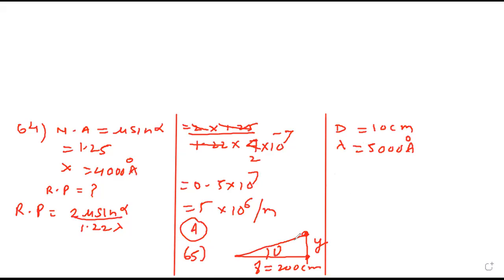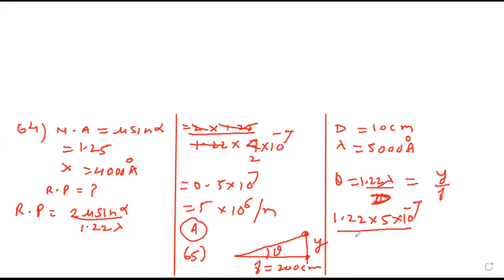So we can say theta equals 1.22 lambda upon d equals y upon f. So 1.22 lambda, 5 into 10 raised to minus 7. D is 10 centimeter, so 10 raised to minus 1 meter.